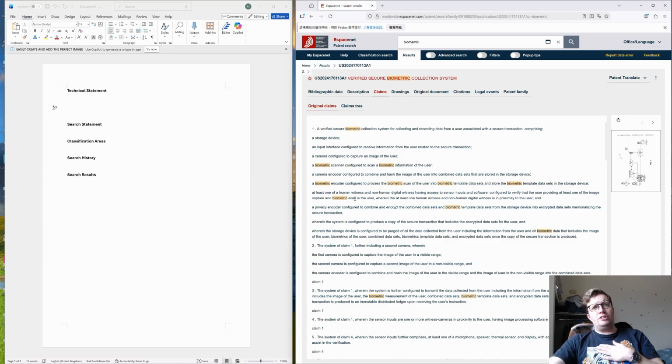At least one of a human witness and a non-human digital witness having access to sensor inputs and software configured to verify that the user providing at least one of the image capture and biometric scan is the user, wherein the at least one human witness and non-human digital witness is in proximity to the user.